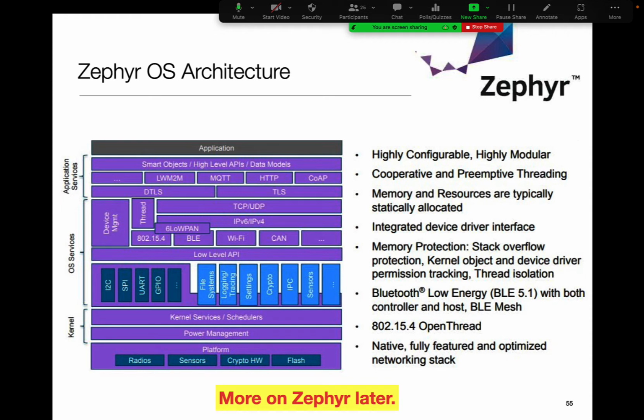So Zephyr OS, I guess as an OS itself, is also somewhat more capable, is how I would put it. In particular, I think its networking stack is a lot richer than what exists in Mbed.